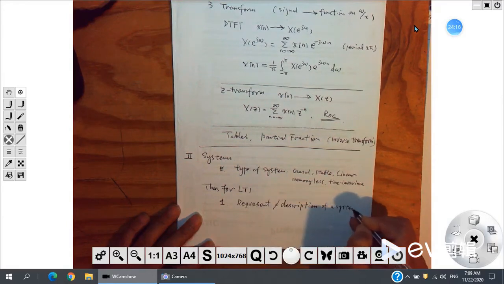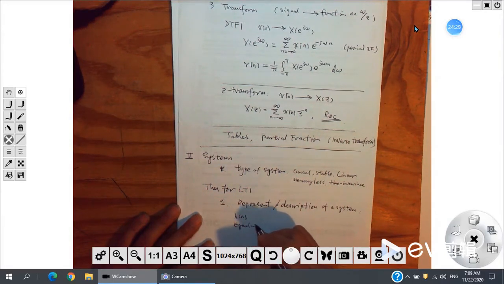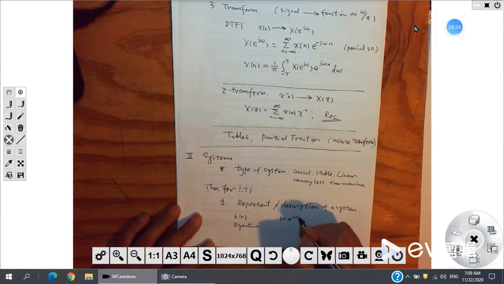Here I mean an LTI system. We have 3 things. We have h of n. Oh, we have 4 things. h of n, we have the equation, we have the frequency response, we have the transfer function.